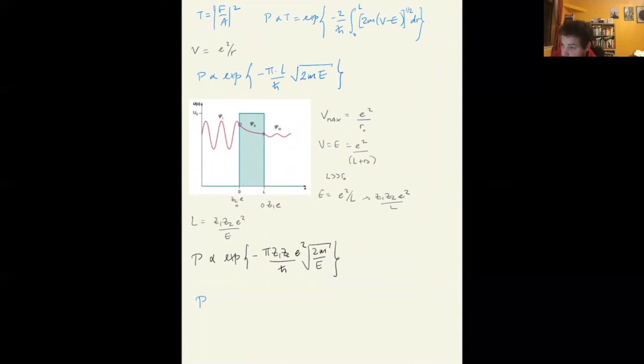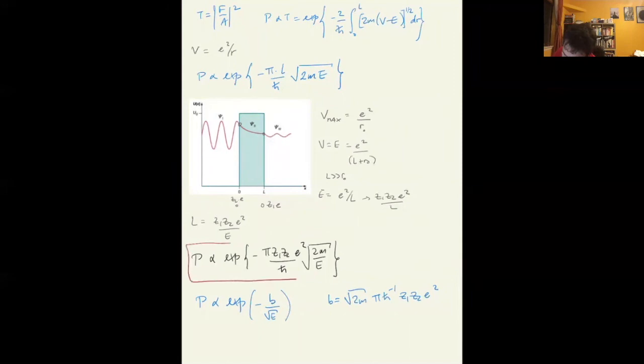Then you can write the probability as proportional to the exponential of minus b over the square root of E, where b is equal to the square root of 2m times pi over h bar times Z1 Z2 e squared. So this gives you the final form of the probability of quantum tunneling. The important part is that it scales with the exponential of minus 1 over the square root of the energy.